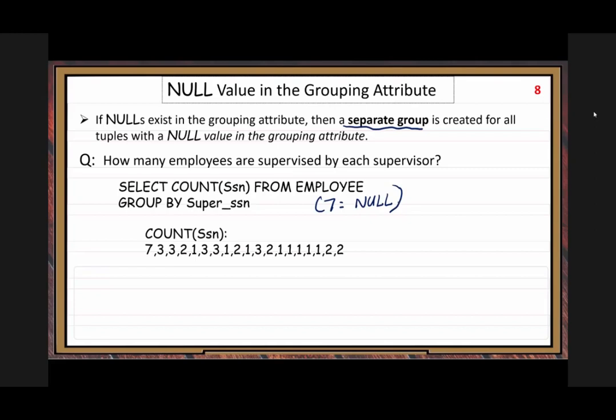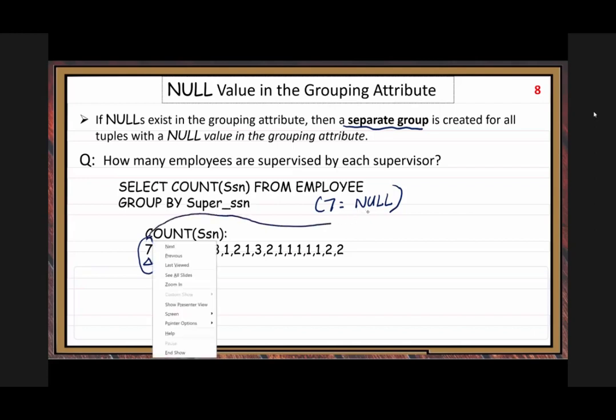Okay? So now you can see the first group. First group, it returns 7. That corresponds to those employees with the null value. And all the remaining are for the normal, regular super_SSN values.